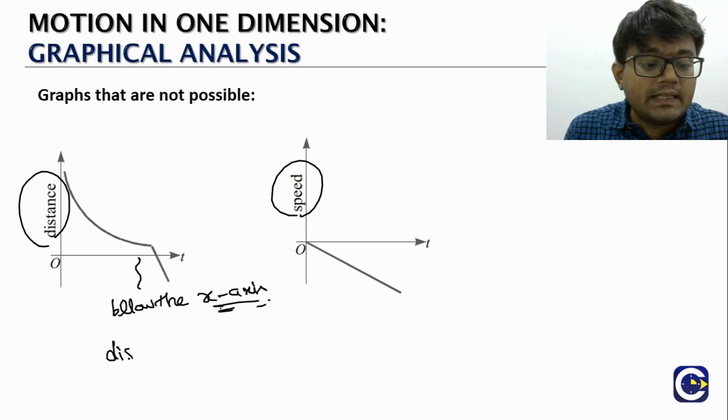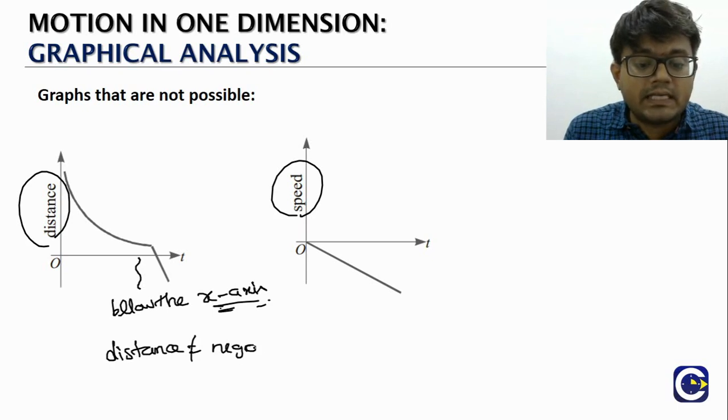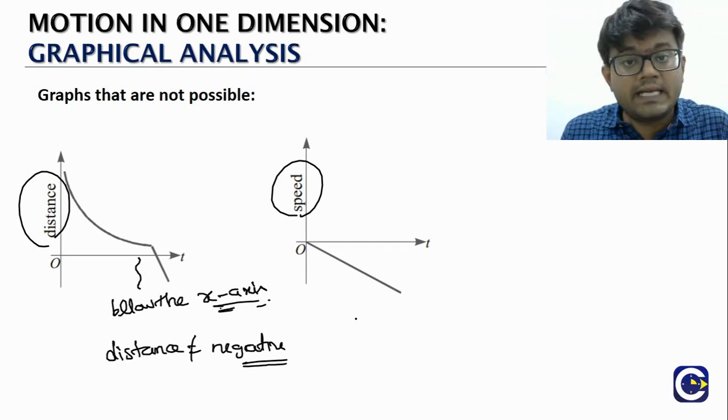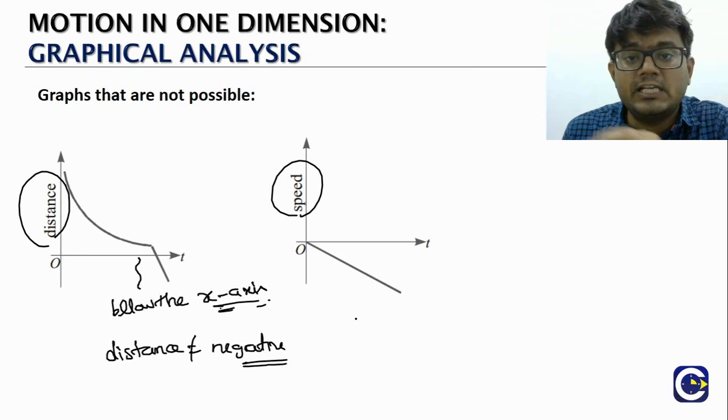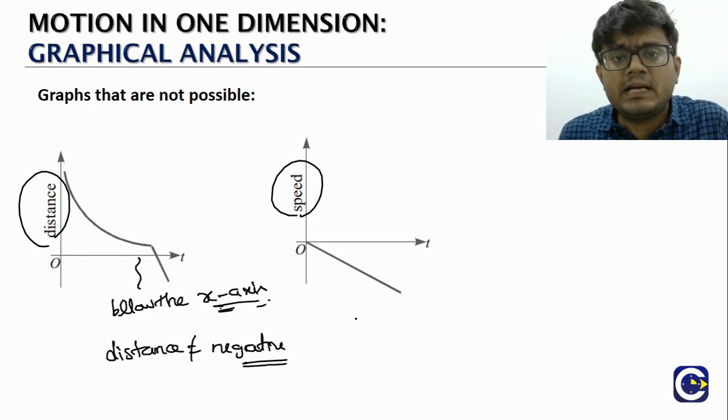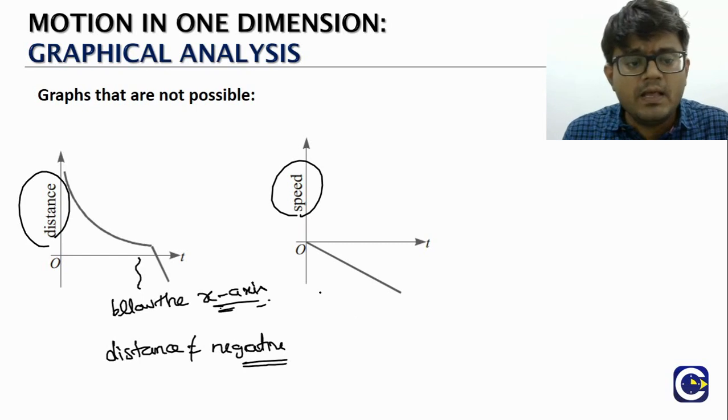Distance cannot be negative, right? Distance covered is the length of the path taken by the particle. Displacement, as per the sign convention, sometimes can be negative, because if you take the right side displacement to be positive, and the overall displacement is negative, it will indicate that the particle is ending up on the left side. But distance is the length of the path covered, that cannot be negative.